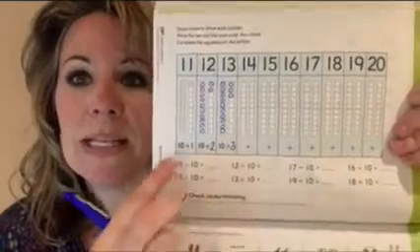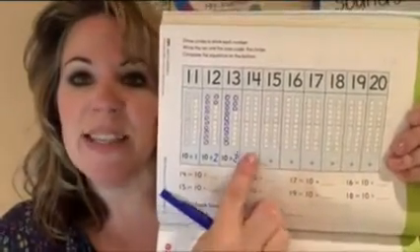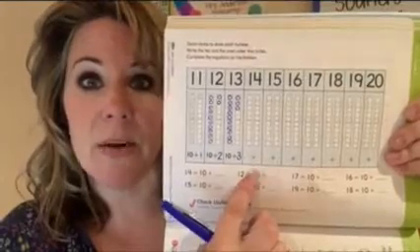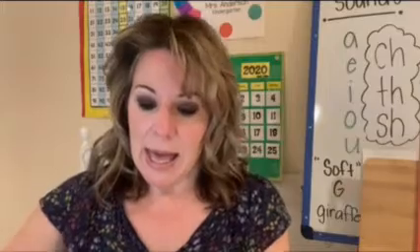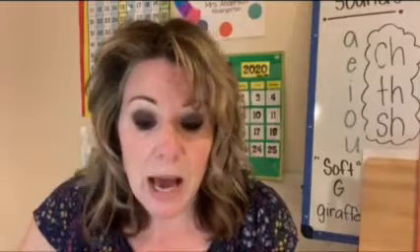I wonder if you might see a pattern coming up here. Let's just do one more together because they didn't write anything down there to help us out. So let's do one more together. How many groups of 10 do I have in the number 14? I have 1.